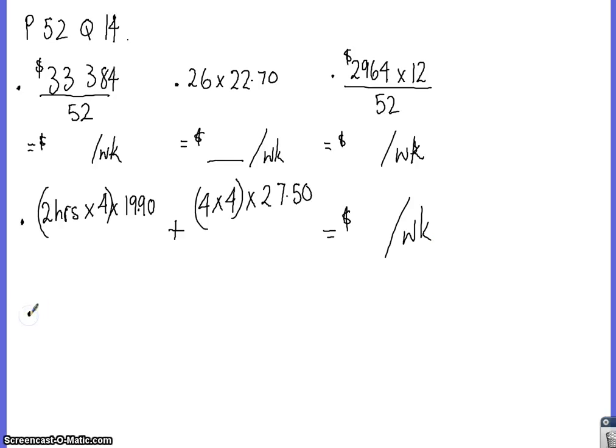Last dot point. Ed works 18 hours at the normal rate of pay, 6 hours at time and a half, and 4 hours at double time. Cheyenne, what working out would I do on my calculator if I was to calculate this? 18 hours.